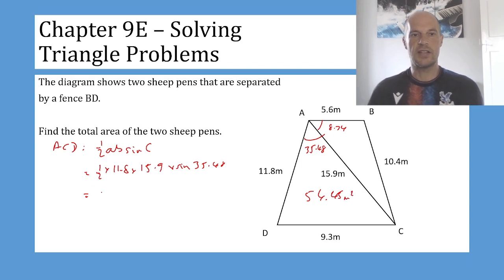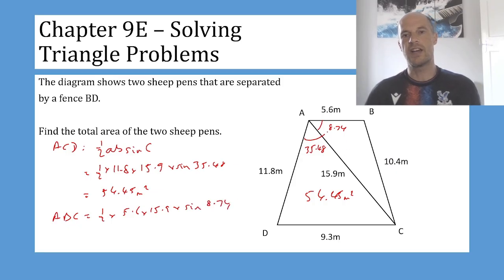And I'm going to do a pretty similar calculation for ABC. So that's going to be 1/2 times 5.6 times 15.9 times the sine of 8.74. Remember, when you're using the sine rule for area, it's an angle sandwiched between two sides. Easy to spot once you've done a few.